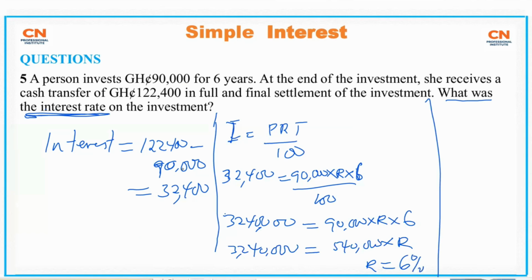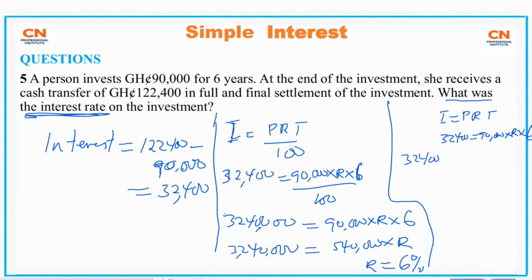If you decide not to divide and you just want to use interest is equal to principal rate time, then in that case you are going to have 32,400 is equal to the principal, 90,000, times the rate, which we don't know, times time, which is 6. So 90,000 by 6 gives me 540,000, times R. To get R, I have to divide both sides by 540,000.